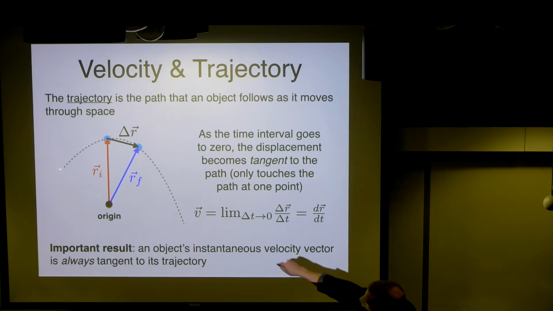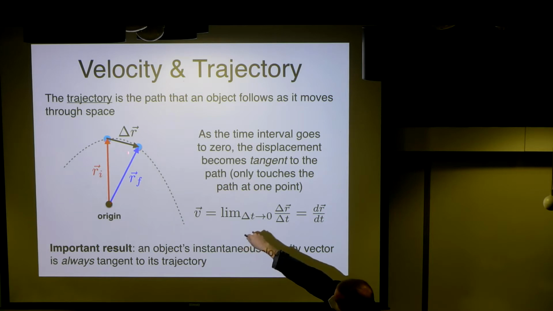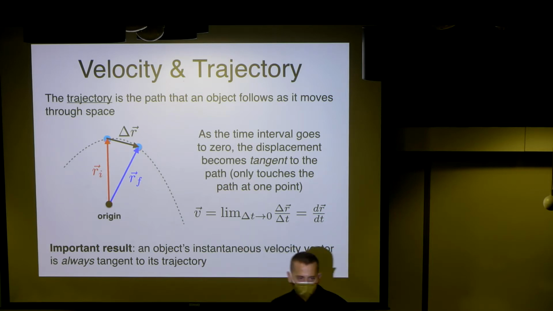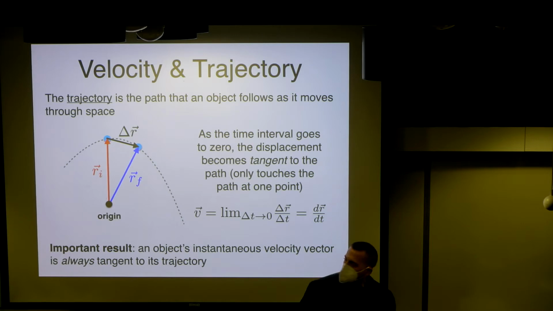So let's just say, for an example, that this is our trajectory, and this is where we're putting the origin of our coordinate system, right where that dot is. So let's say this is our initial position right here, this is where we start, and this is our final position right here. It's two moments in time that are pretty close to each other, because we haven't really moved that far along the trajectory.